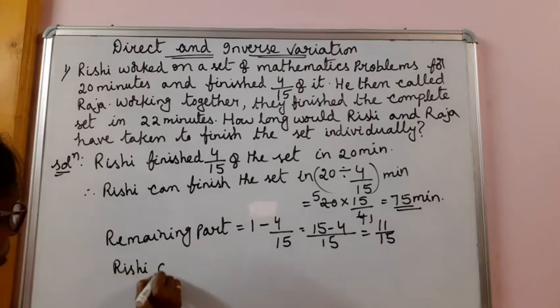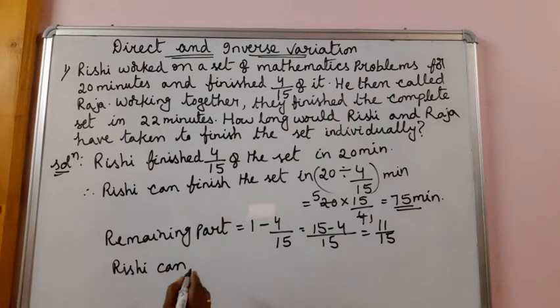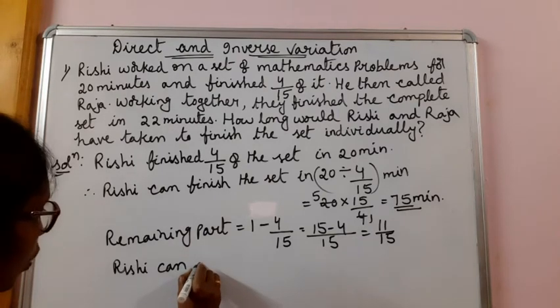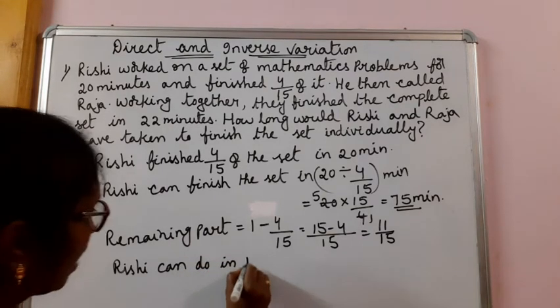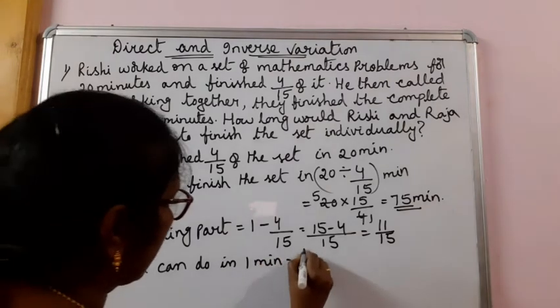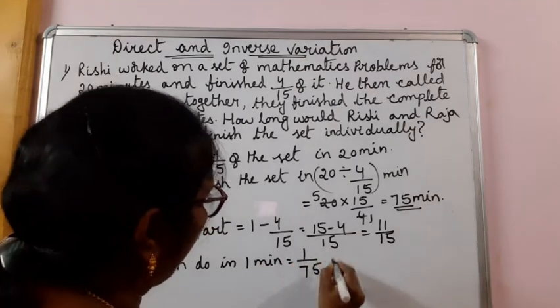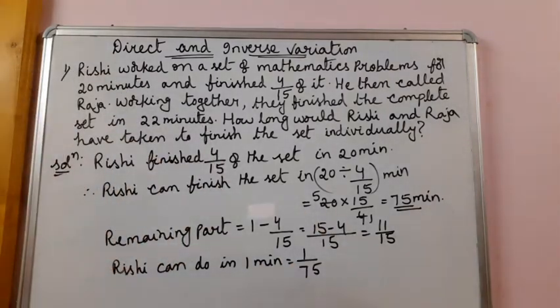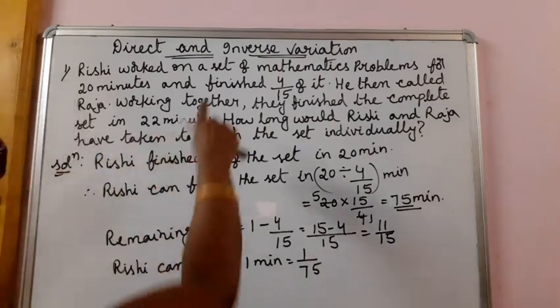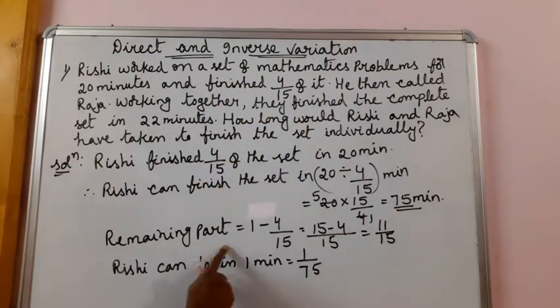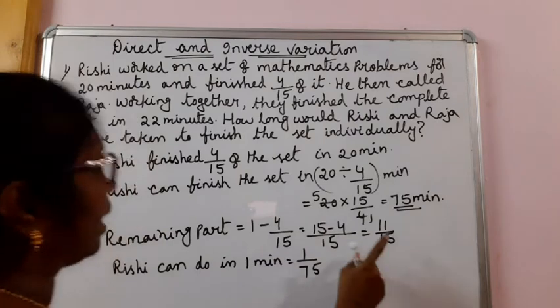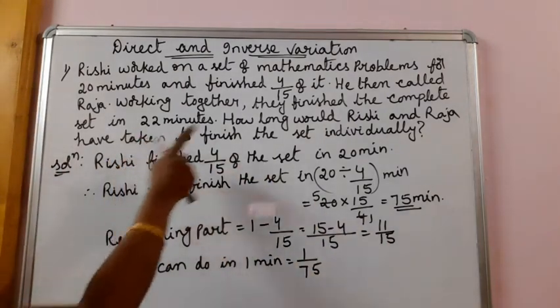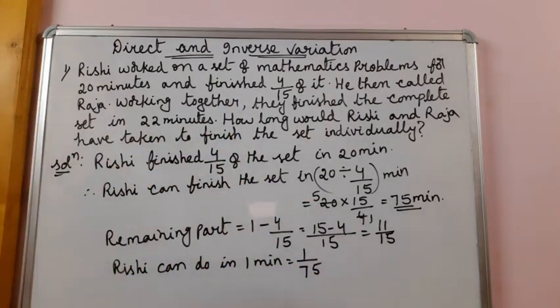Rishi can do in 1 minute 1 by 75 of the complete set of maths. So the remaining part, 11 by 15, is done by both of them in 22 minutes.